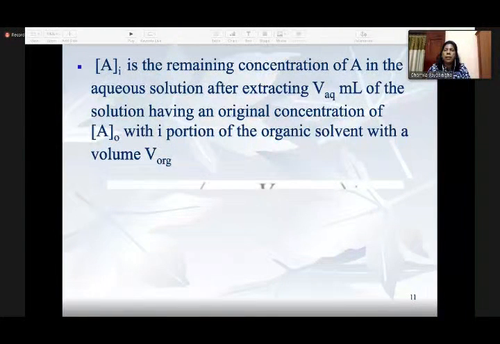Solute called A is there in an aqueous solution. But solute A much prefers to go to the organic solvent.